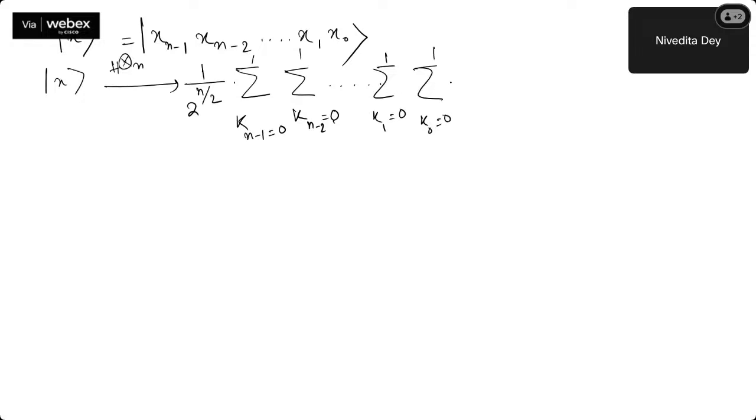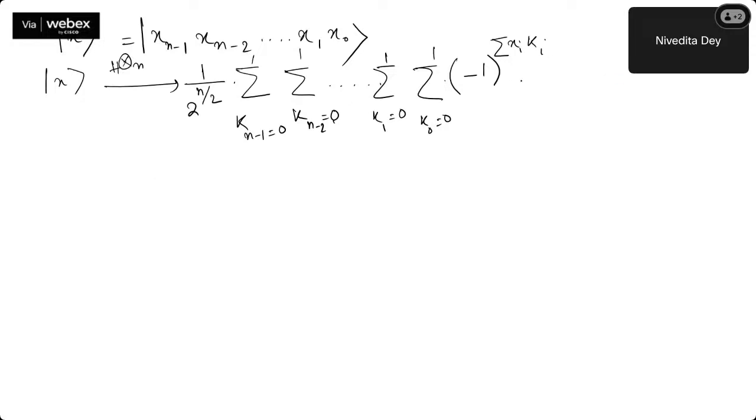All these things times minus 1 to the power sigma xi ki, which in the earlier case we saw as minus 1 to the power xi ki.